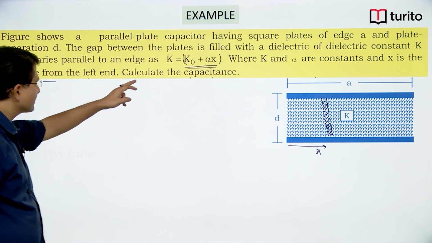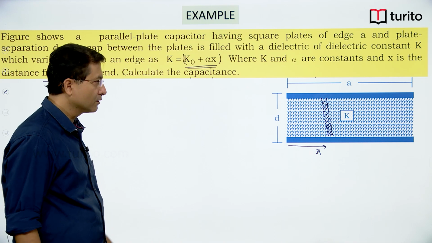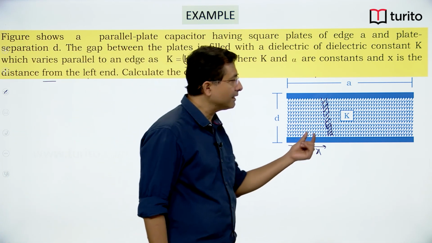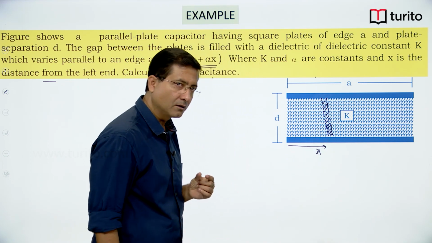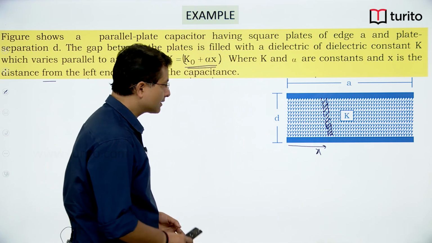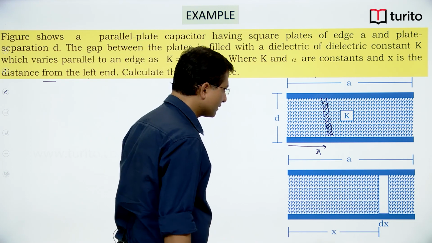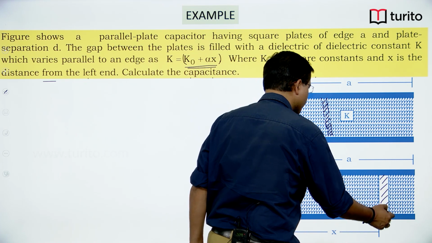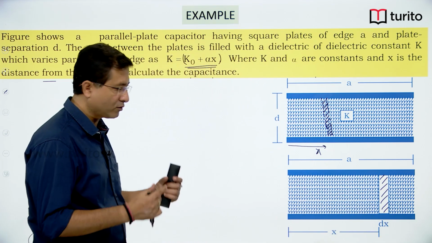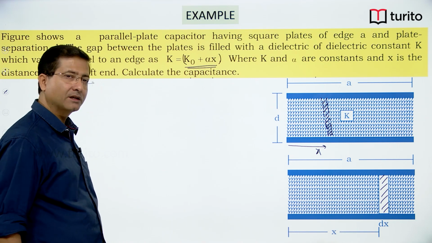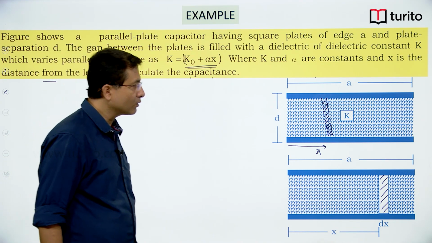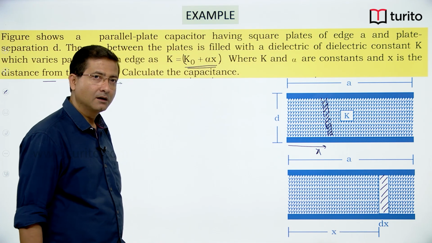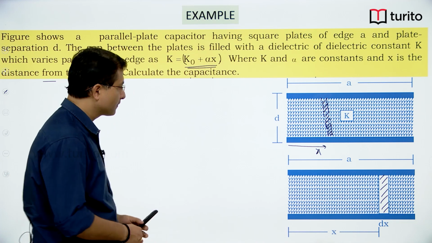Distance from the left end is x. If I take a small slab of thickness dx at distance x, what would be the capacitance of this arrangement?